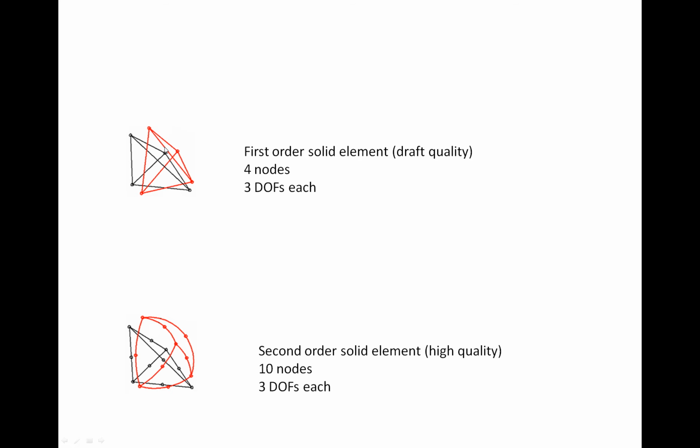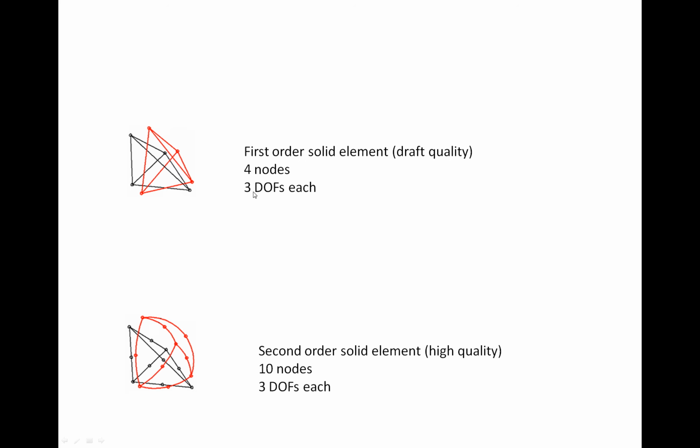When you do, you see that the part does deform, the elements deform, and you'll notice that for the first order, the edges of the element do not bend at all. That's because there's only 4 nodes, and each node is at the corners. So the corners deform, but the edges don't. It's only because there's 4 nodes, right? And that's going to limit your accuracy depending on how much your part is deforming.